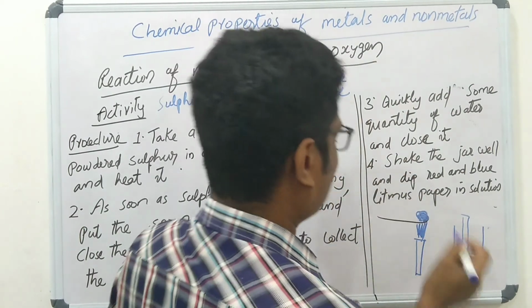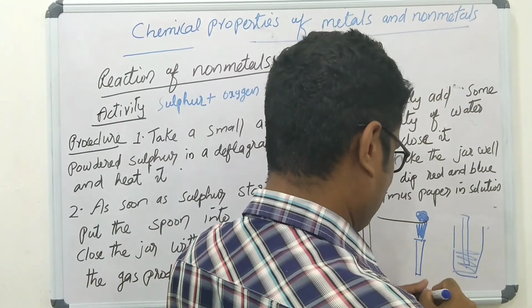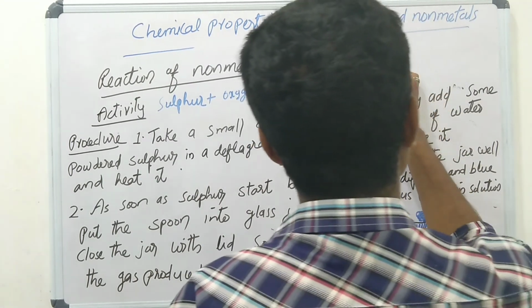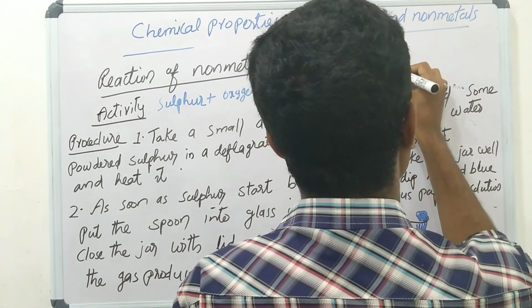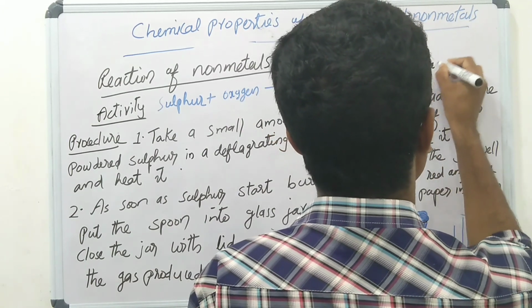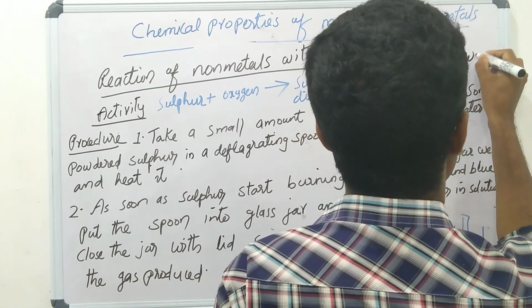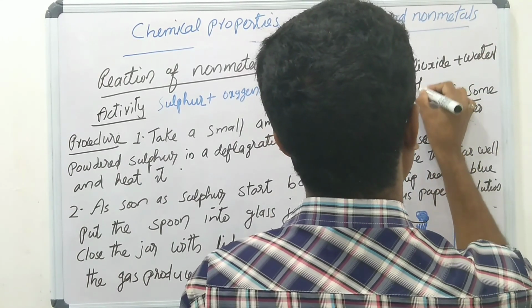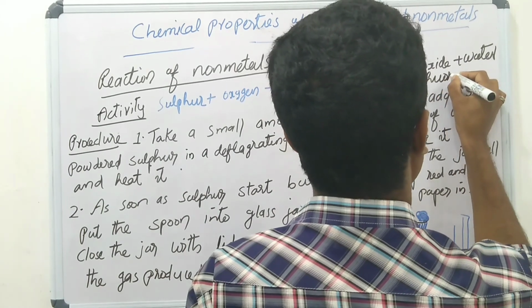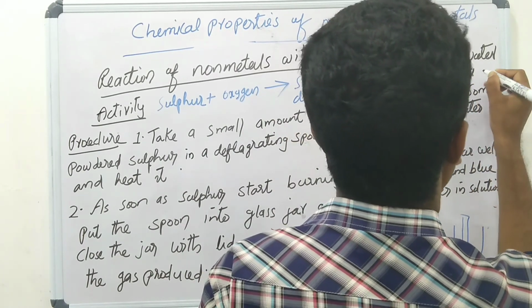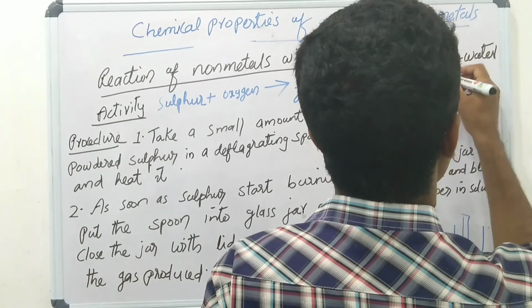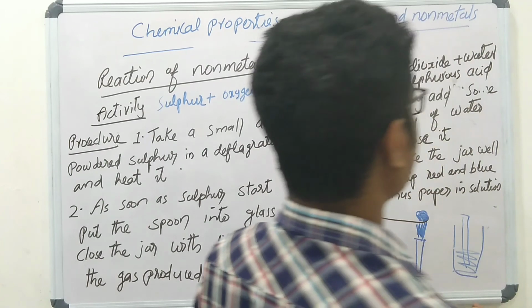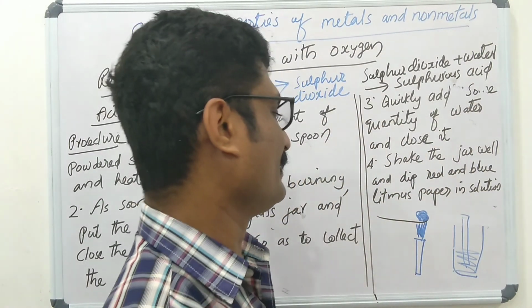That means sulfur dioxide gas reacts with water to form an acid, sulfurous acid. Its formula is H2SO3.